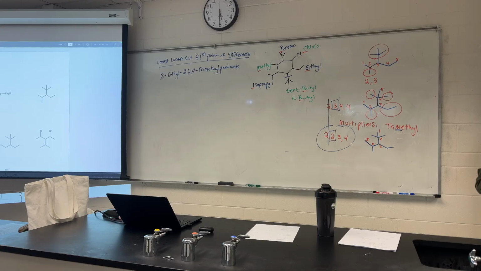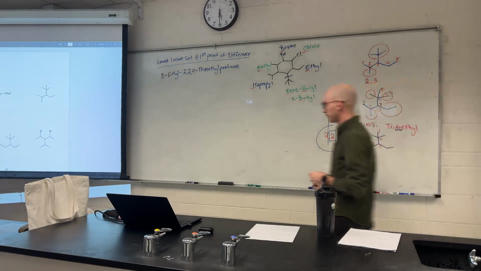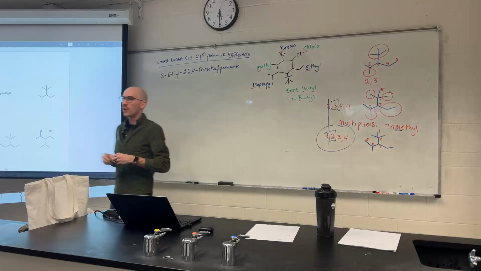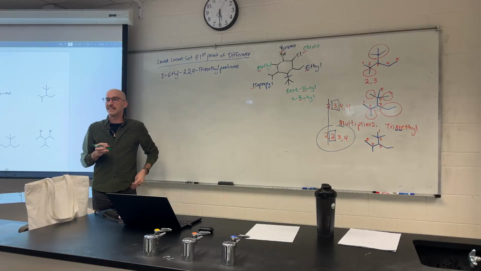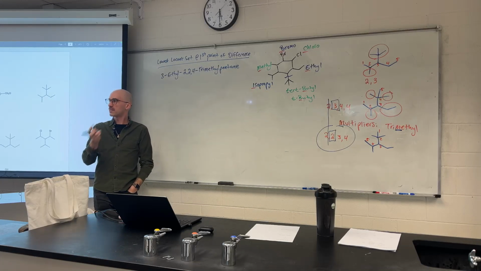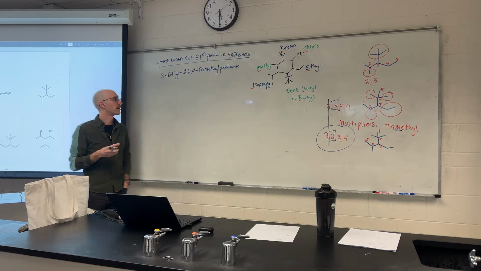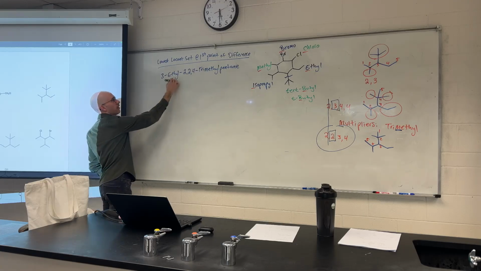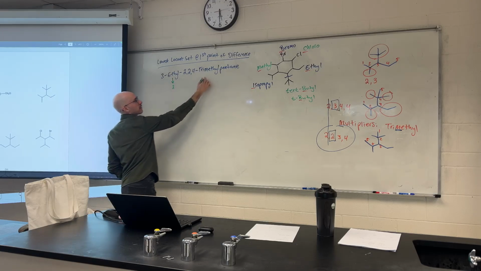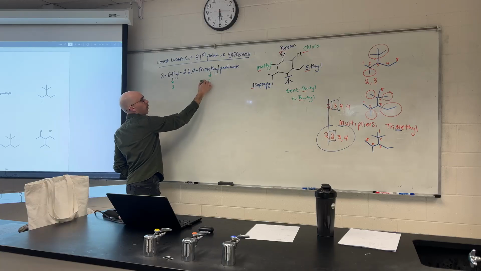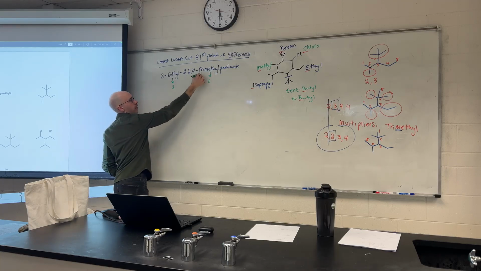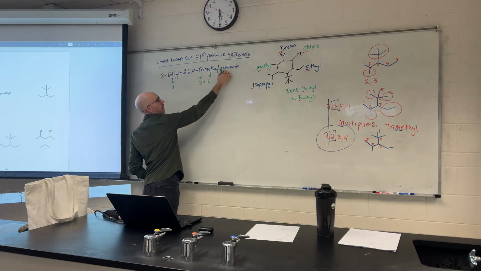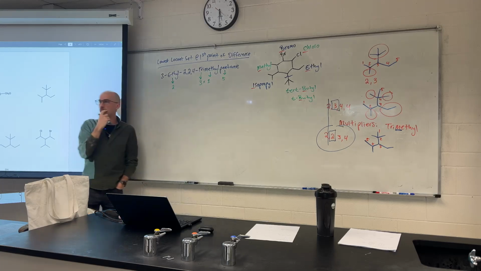Here's another cool thing about this compound. You can get the number of carbons out of this structure. Ethyl is 2 carbons. Methyl is 1, and I have 3 of them. And pentane describes 5 carbons.